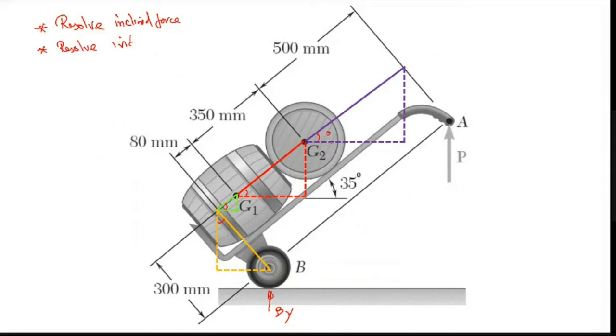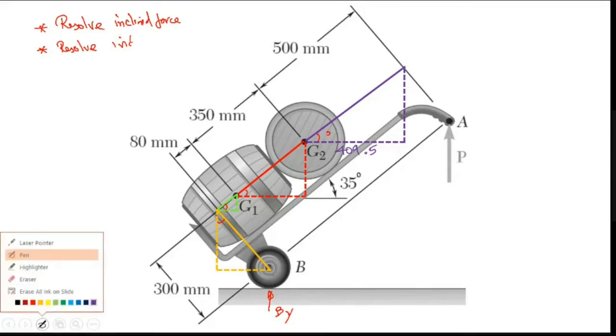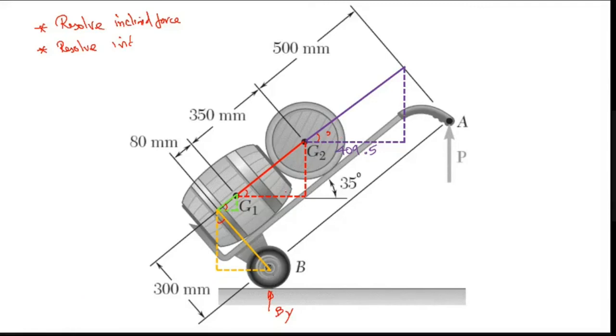What will be this distance? 409.5. Similarly, 350 cos 45, this one, we can identify. Similarly, 80 cos 45 and 300 cos 45. We have to identify all of these.